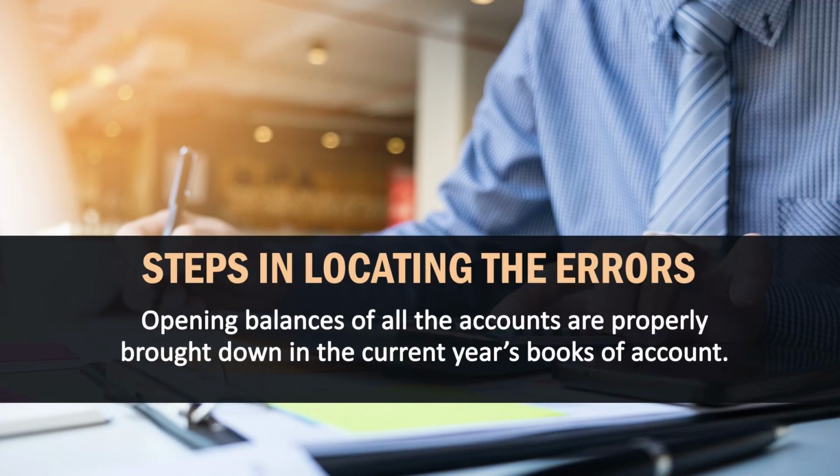Then the next step is opening balances of all the accounts are properly brought down in the current year books of account. So, opening balances of all the accounts must be brought down in the current year's books of accounts. So, that must also be checked whether we have properly brought forward the opening balances in the current year or not.